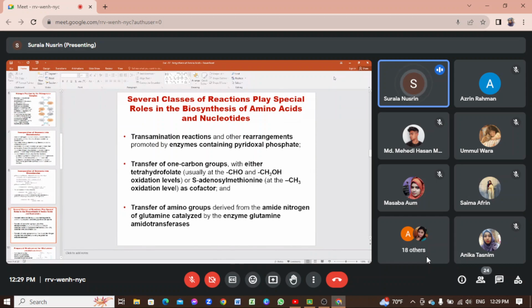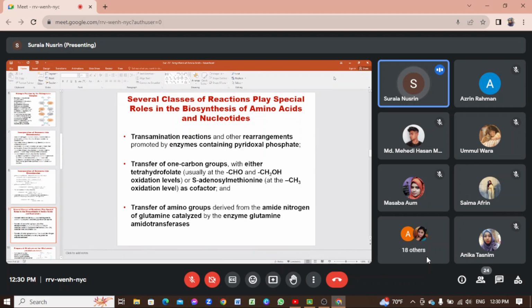These reactions are very important, during the catabolism as well as, as we have just seen, during the amino group assimilation. And the enzymes which are catalyzing these reactions have a prosthetic group, and that is pyridoxal phosphate.